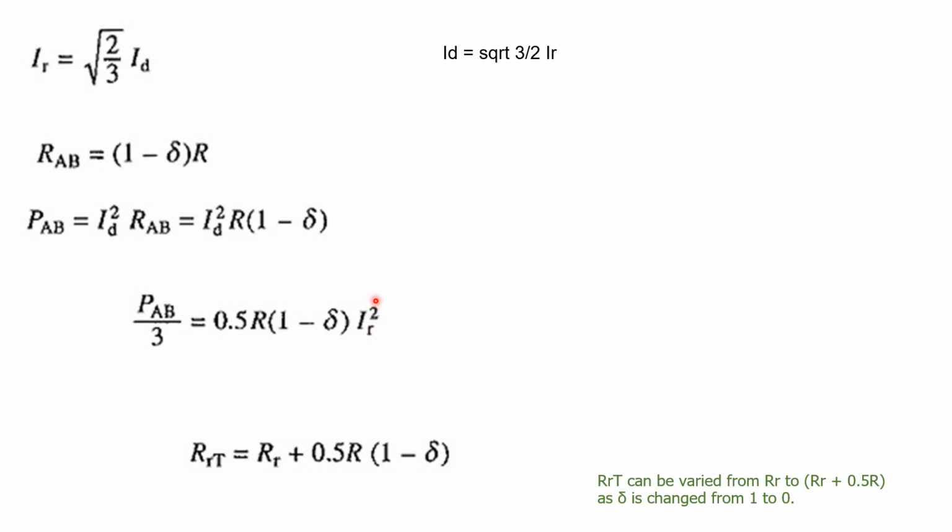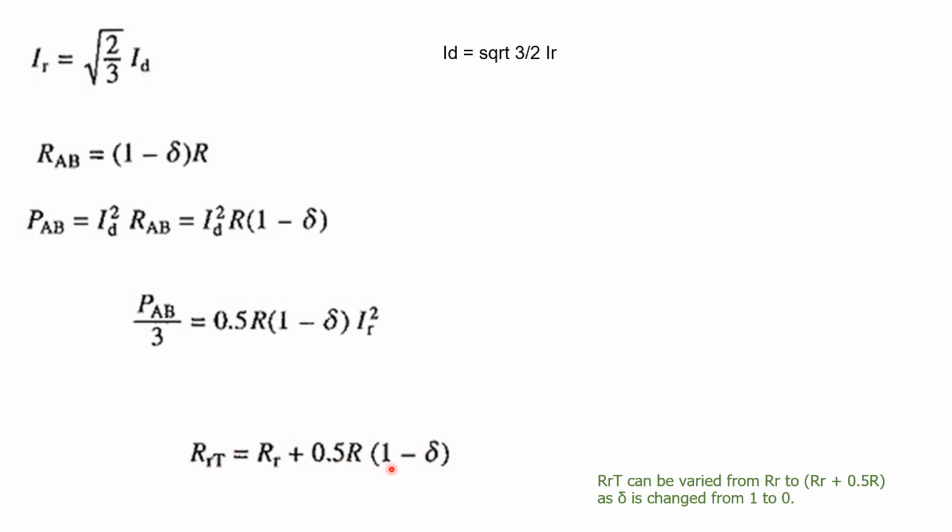So the total rotor circuit resistance, per phase value, is the existing rotor resistance RR plus the additional resistor connected across the transistor, which is 0.5 R into 1 minus delta. I already mentioned delta is the duty ratio of the transistor. You can vary this RRT.